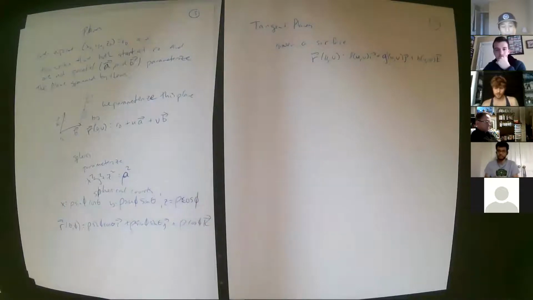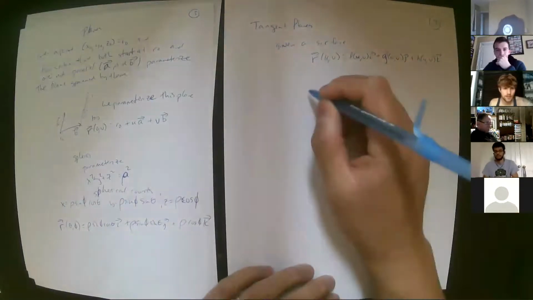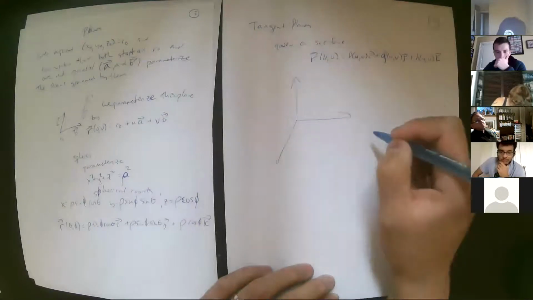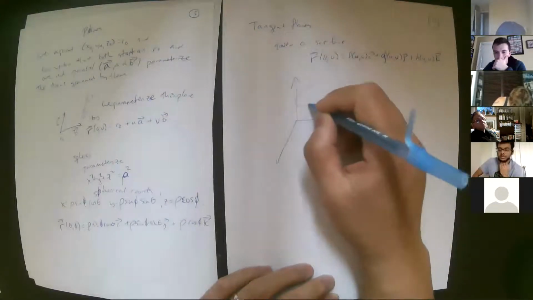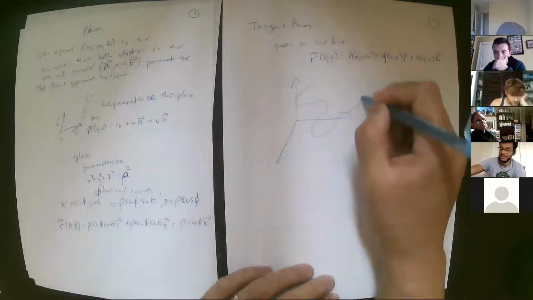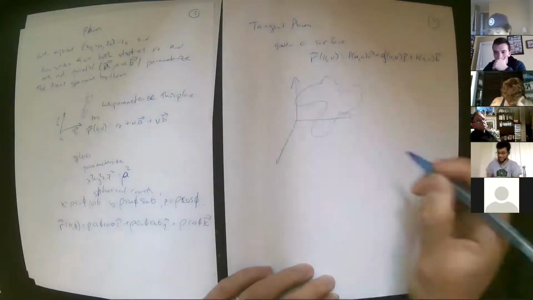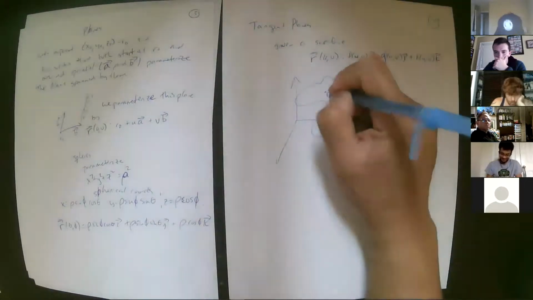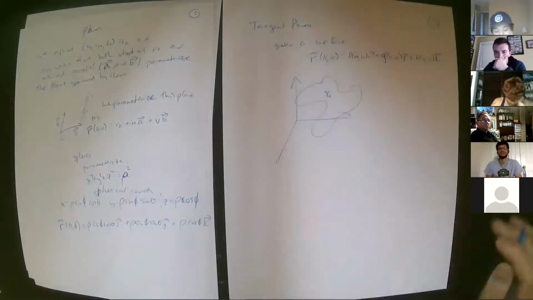But let's draw a picture here. I'm going to attempt to draw a picture. So I've got a surface. It looks like this. It's kind of curved a little bit. And I'm at this point R naught. And I want to look at the tangent plane at R naught, right?